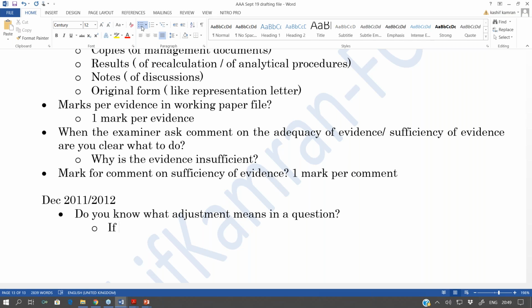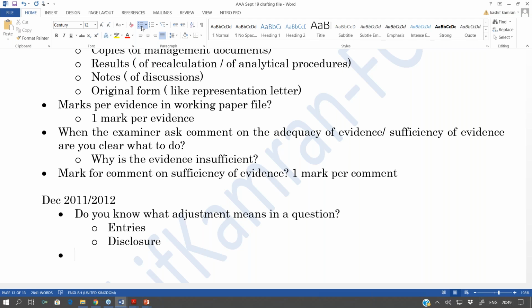It can be entries, and it can even be a disclosure. If the examiner says disclosures are not made, then what's the adjustment? Disclosure should be made, right? Either it's the entry or it's the disclosure. Do you know what adjustment means?